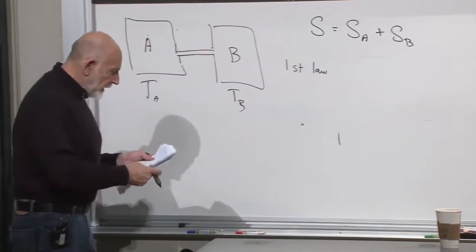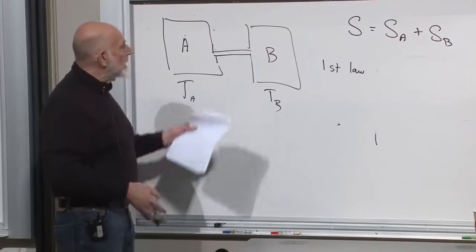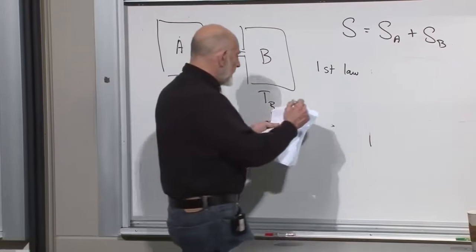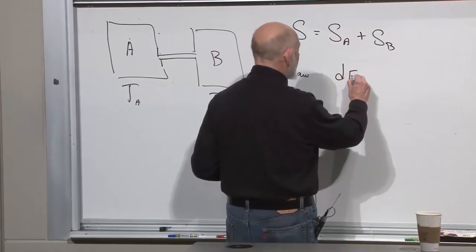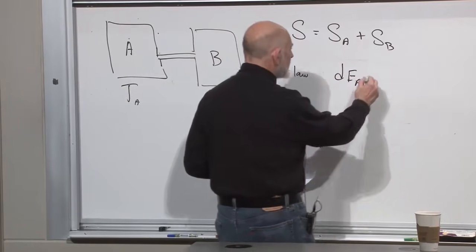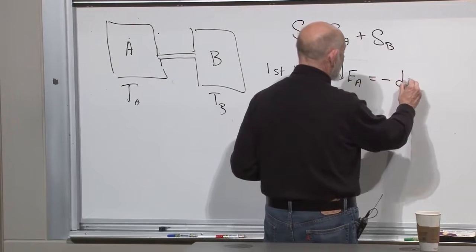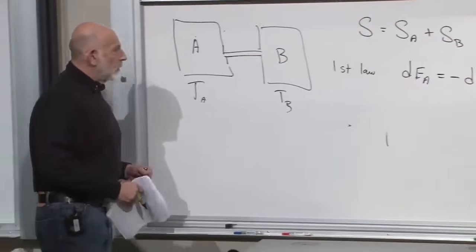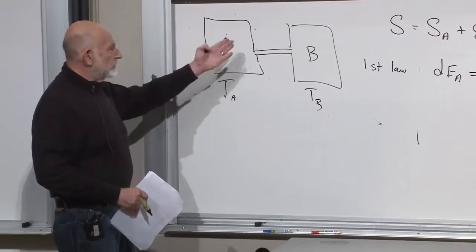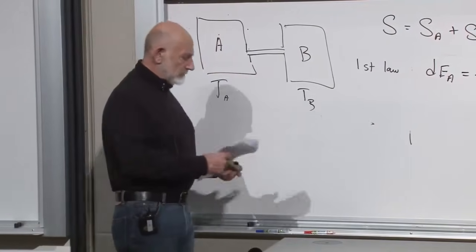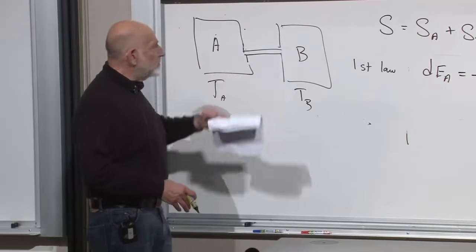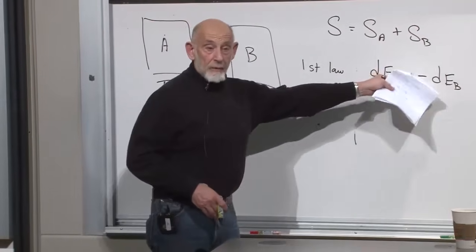If the energy of A increases, then the energy of B decreases by the same amount. So that says that dEA is equal to minus dEB, or the changes in energy of A and B have to add up altogether to 0.